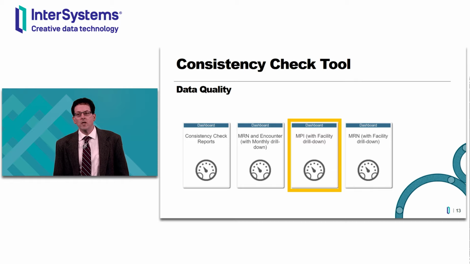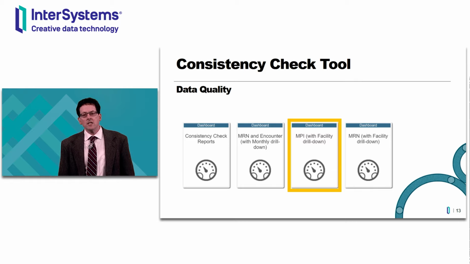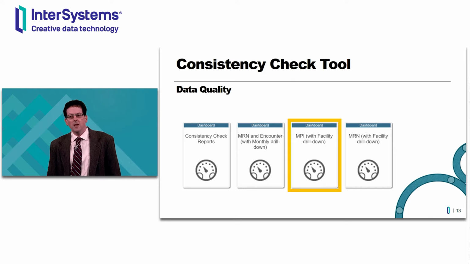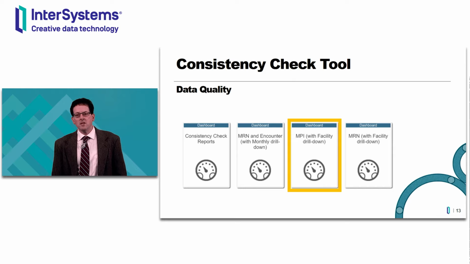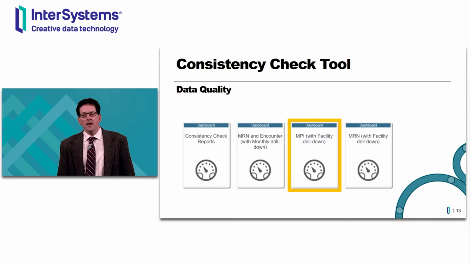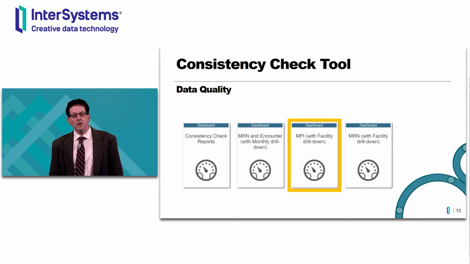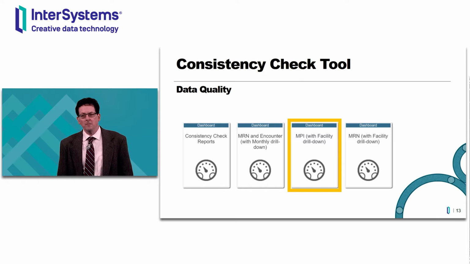Also new in 2020.1 are enhancements to our out-of-the-box solution, the Consistency Check tool. This was also first released in 2019.1, and it compares data counts in Health Insight with those in the UCR as an indicator of data consistency and data quality.